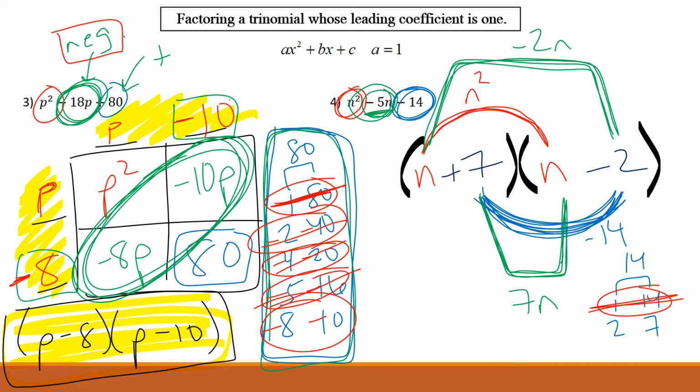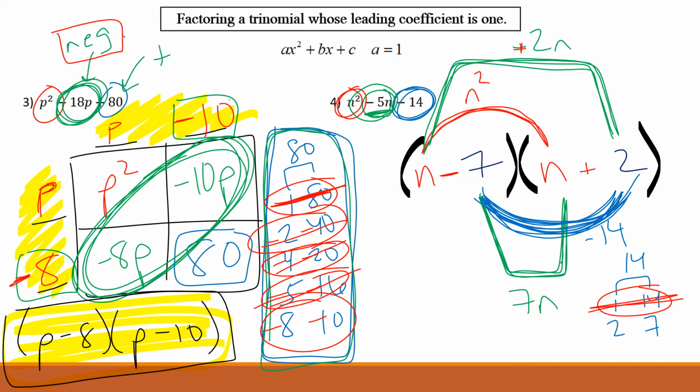So here's where, if I notice it's positive but I need it to be negative, that just means I need to switch the signs. So I need that to be negative 7n and positive 2. Once again, I still know those two things multiply together to get negative 14, but now I have a negative 7n and a positive 2n.